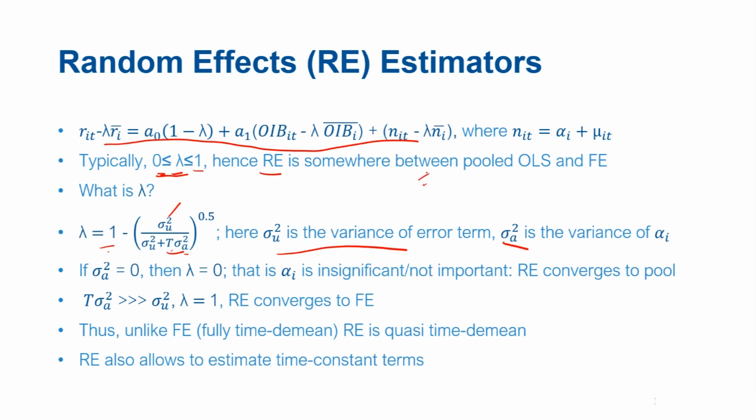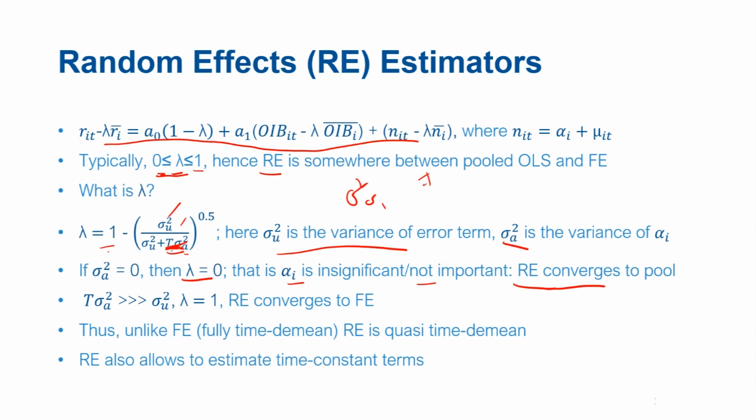Now recall, if we have reason to believe that this sigma alpha square, the variance of unobserved heterogeneity, is very small relative to the error term, close to 0, then we can ignore it and the resulting value of lambda is 0. So in the case where alpha i and its variance is insignificant, not very severe, then random effects converges to the pooled model.